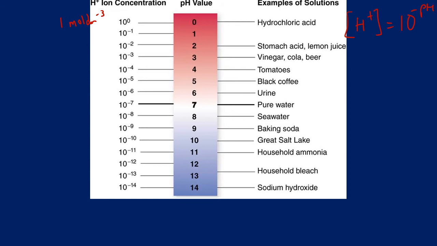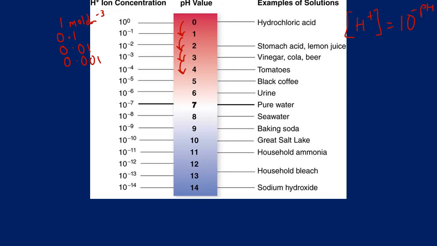And as you move down the scale, 0.1, 0.01, 0.001, so a movement of 1 place on the pH scale is a factor of 10 in the concentration of H+ ions, hence the term logarithmic scale. So from 0 to 1, it's a dilution of 10, so it's 10 times the concentration.